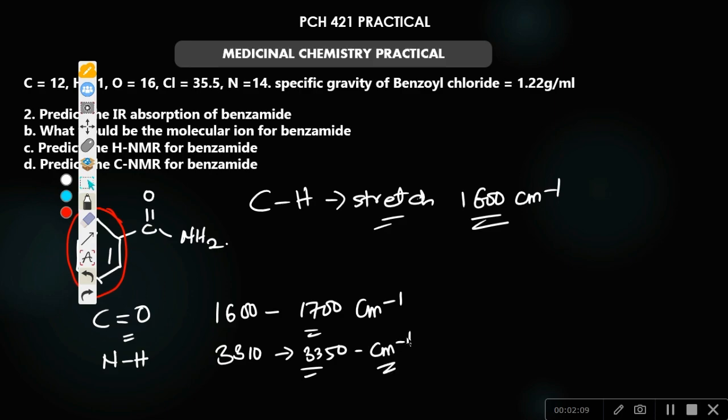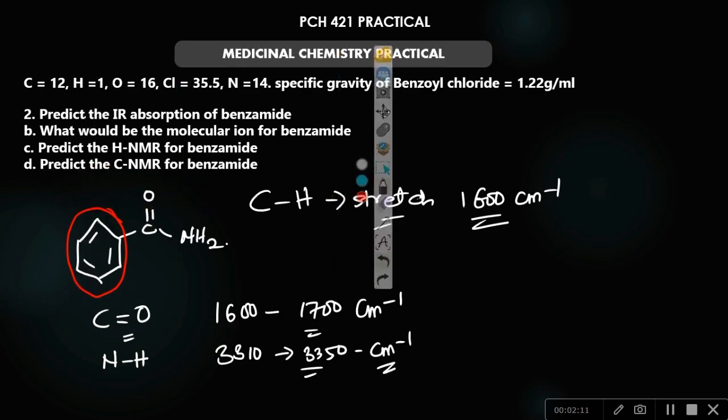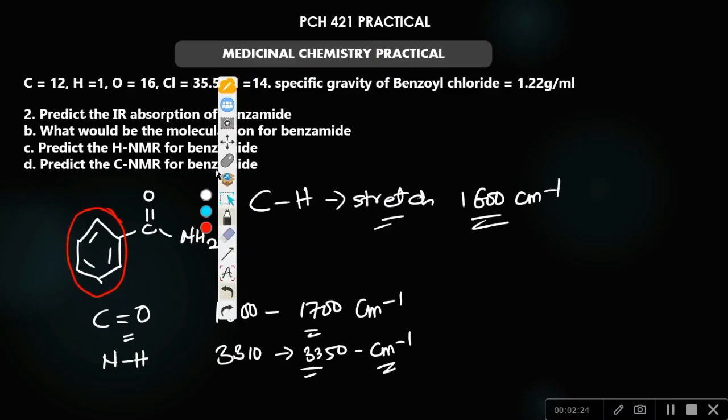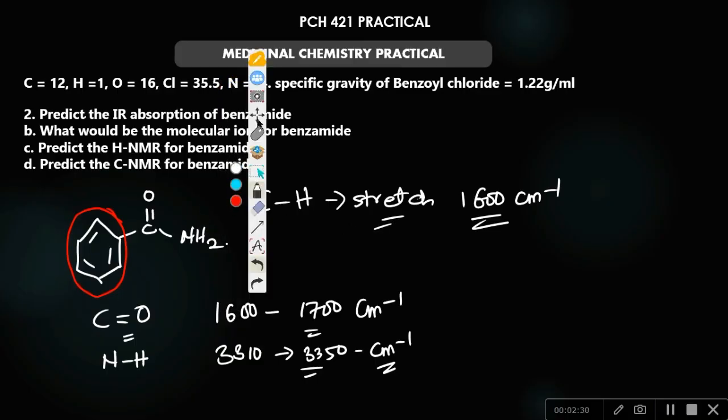So these are the various functional groups that you can get from benzamide. These are just the values you have been taught in IR, so they expect you to have a range of these values in your head, but you don't really need to memorize all the values. Just have a range. Like me now, I just picked a range of these values. Then we can have the carbon nitrogen bond. I really do not know where that one absorbs, but it absorbs at a particular wavelength.